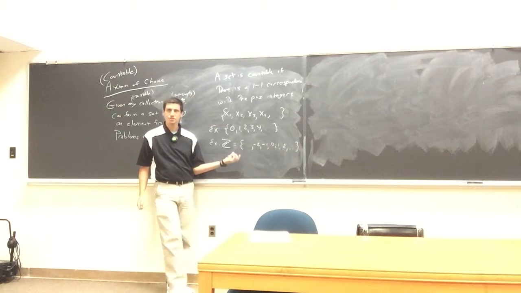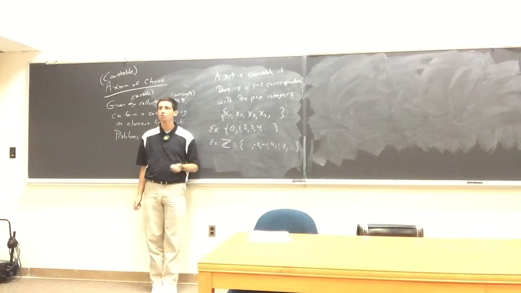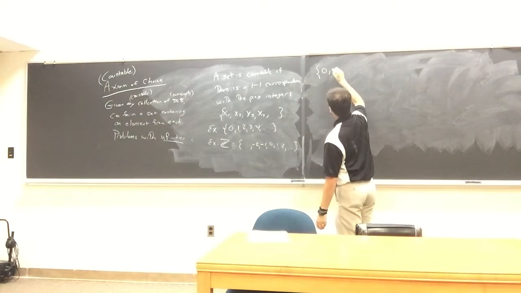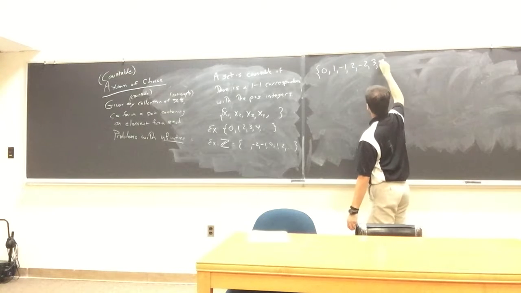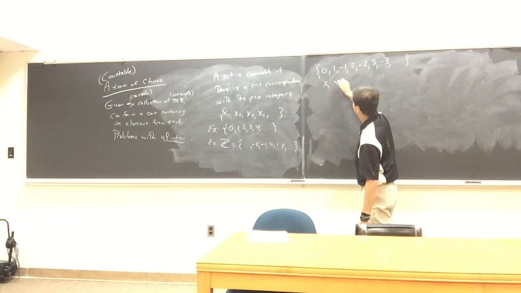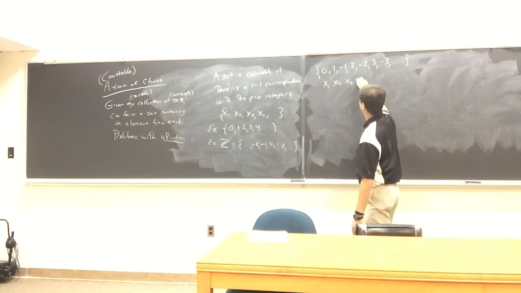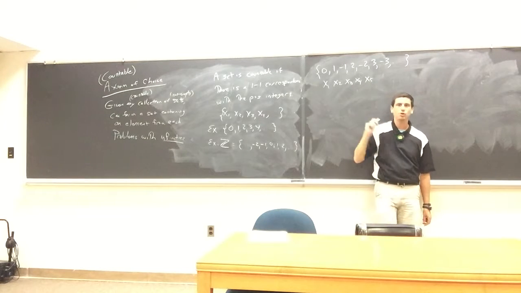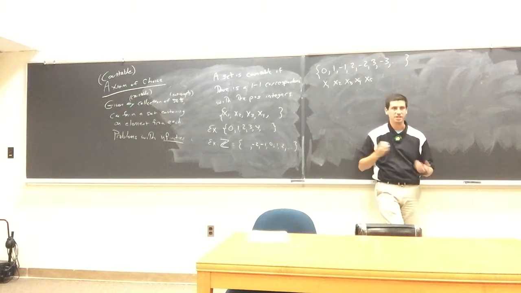Well, looking at it like this, it's not clear that this is in a one-to-one correspondence with the integers. What we could do, however, is we could write the set as 0, 1, -1, 2, -2, 3, -3. And then this would be the element x1, x2, x3, x4, x5, and so on. And so this gives us a one-to-one correspondence between our set and the positive integers.